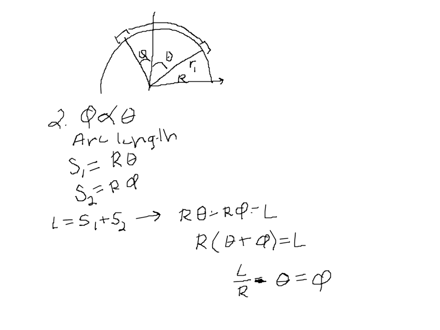So let's see, we go to a new page and a new idea, and my take home here is therefore, if I take d theta, it's going to be equal to d phi.